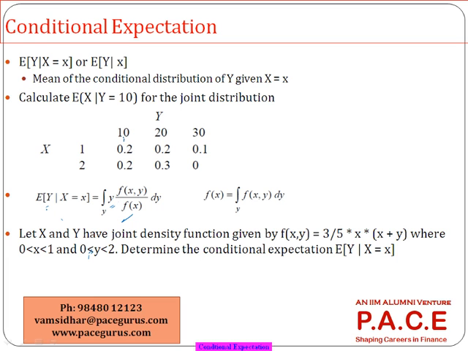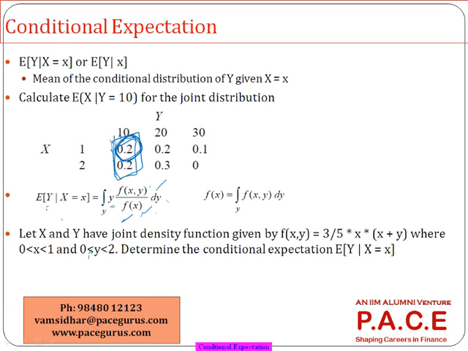How did I do the conditional probability in the discrete case? The probability of this divided by the total probability of this. Here also, the probability of x comma y divided by the probability of whatever is given.